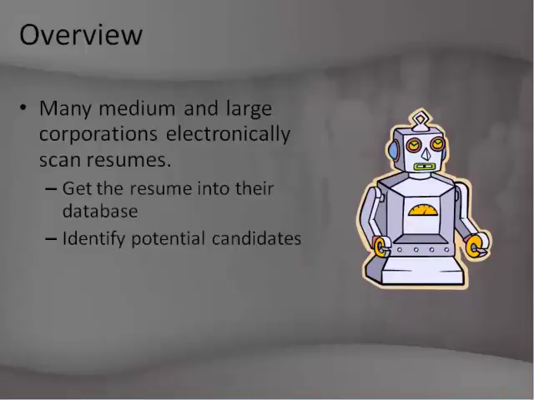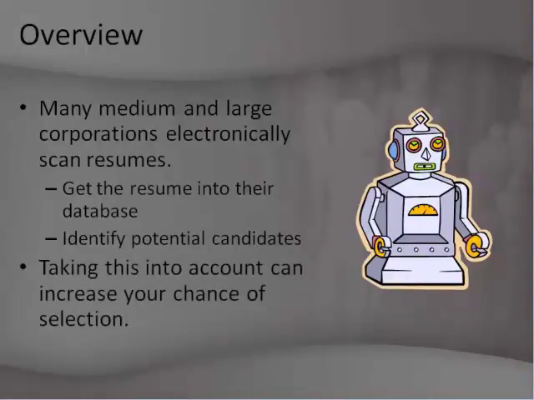That means we've got opportunity to be weeded out before a human sees that wonderful layout and the eloquent speech that we gave in our executive summary. Fortunately, though, by understanding how the scanning process works, we can take that into account and substantially increase the chance of our resume being selected by the electronic scanner that's doing the sorting.